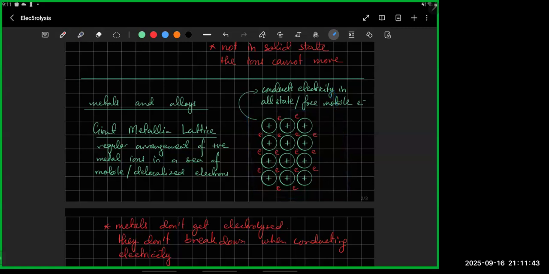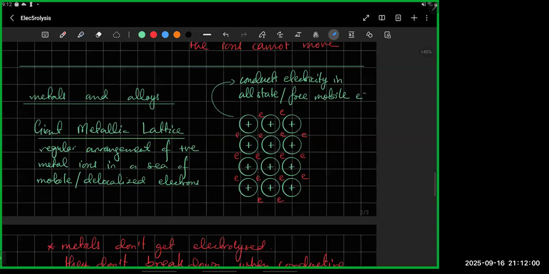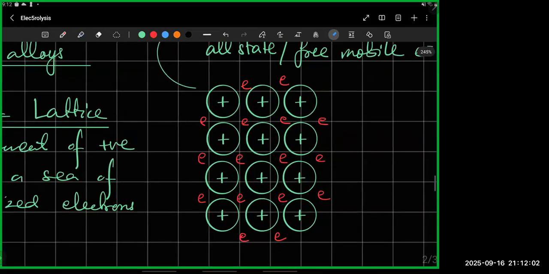Sir, in an alloy there's another element along with it, an impurity. Yes, that's the tiny difference: it's going to have an irregular metallic lattice, because there's going to be some impurity and that will make the structure irregular.